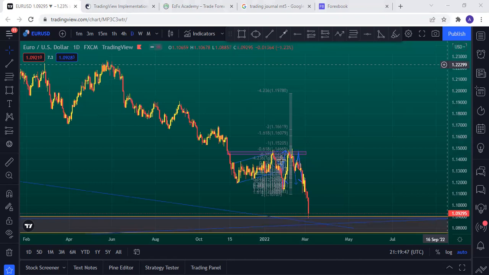All right, let me just clear this. I think there are too many fibs and it's clustering that part of the chart.